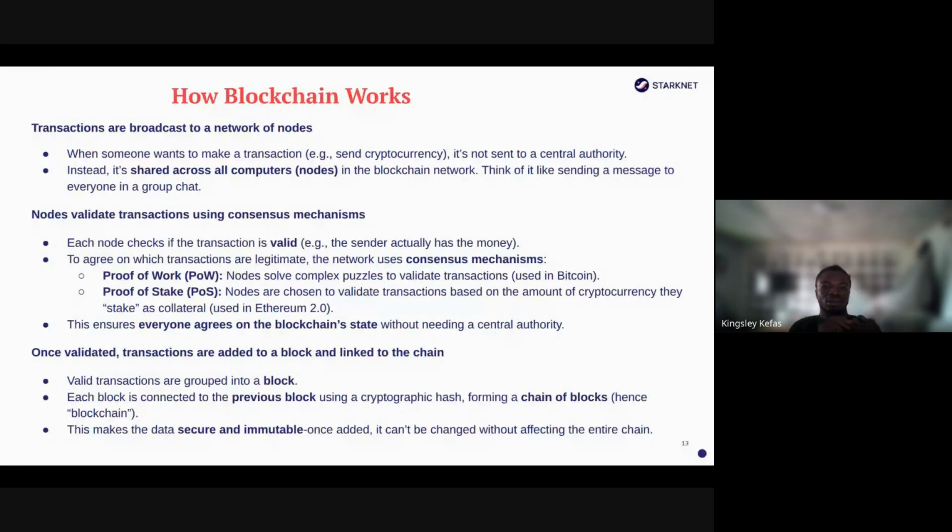The way it works is, first of all, transactions have to be broadcasted by the node. Once they have been broadcasted and the transactions are valid, the next thing is they get added to a block.